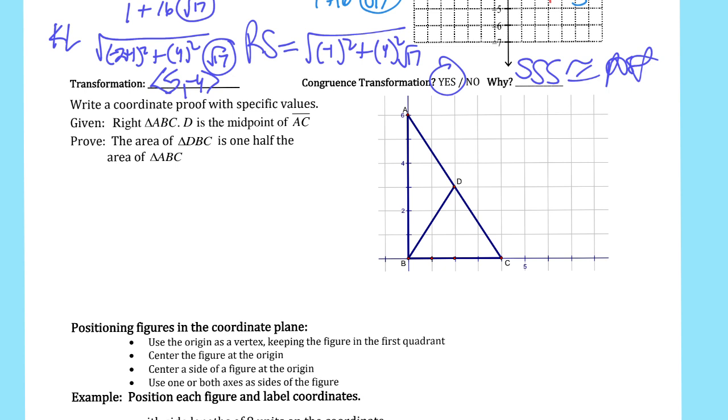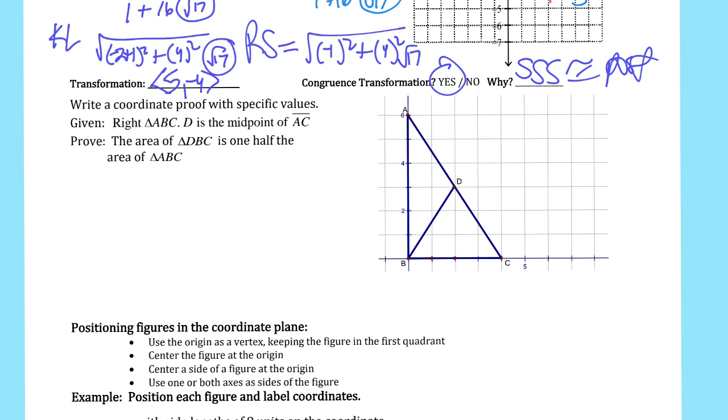We're not going to write formalized statements and reasons. However, we are going to show it numerically. So it's not as hideous as perhaps it feels like it might be.